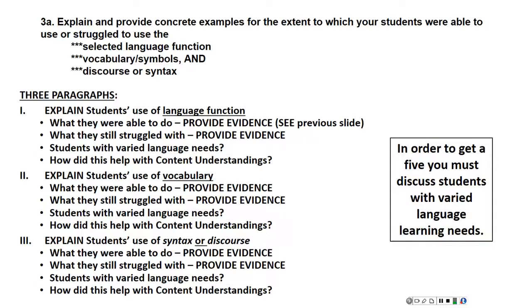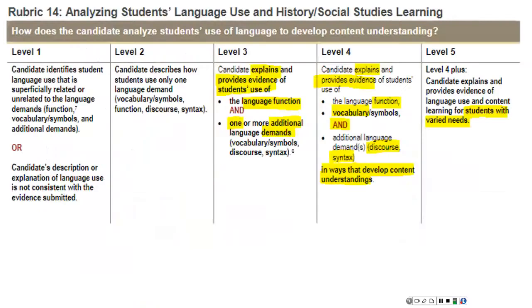So you want to have evidence of students actually using those things, either on video or on a work sample. And the more evidence you have of different language, the higher you score. If you provide evidence of having something special designed for students with varied needs, you get even more.